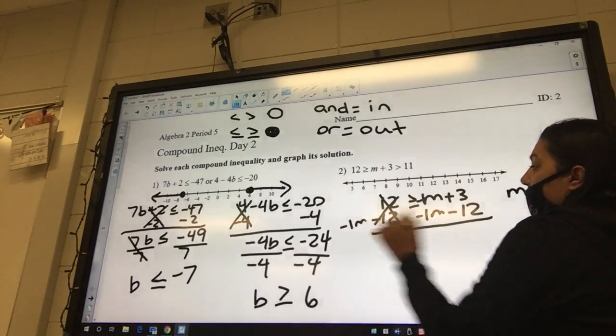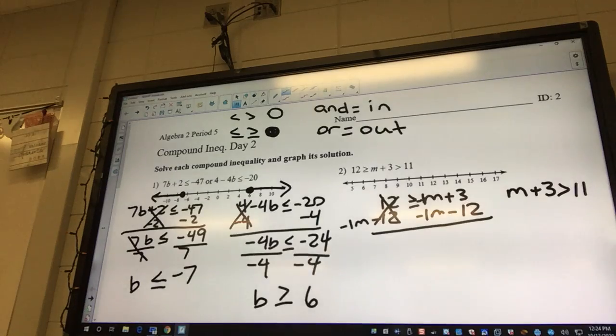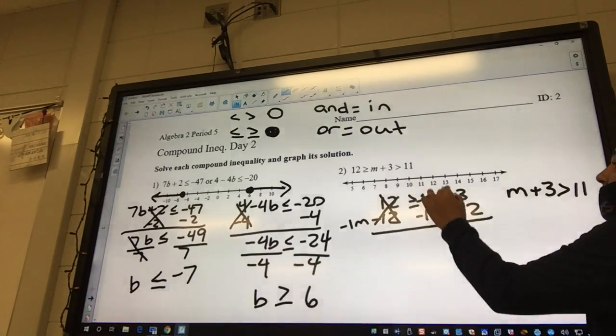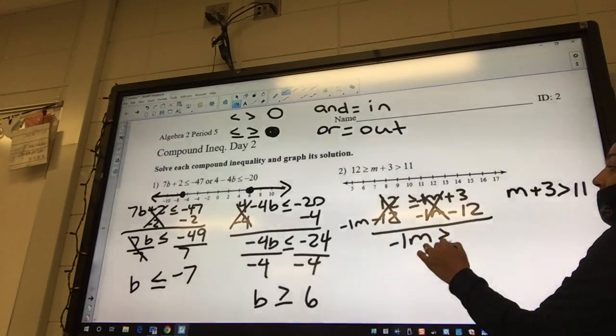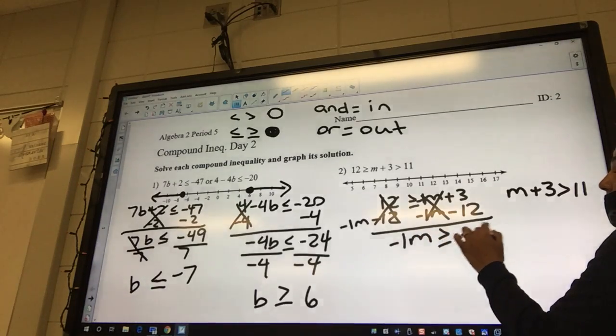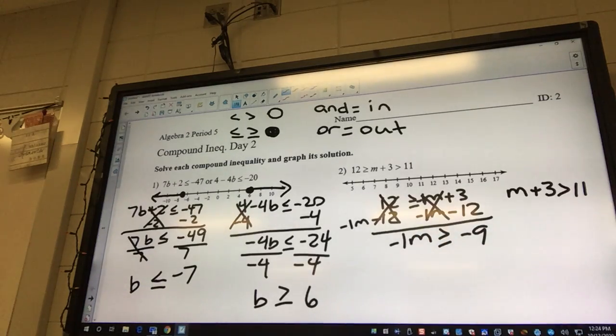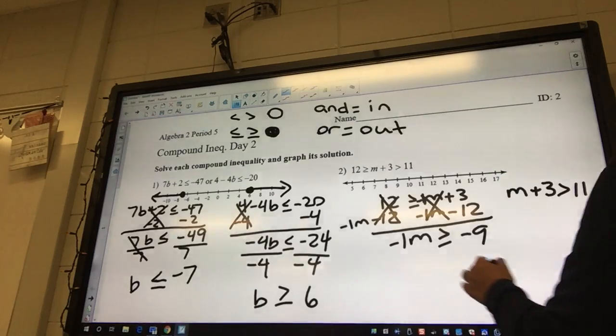It's got to go on this side. So then these m's cancel. Now I got negative 1m, and then negative 9. What's my last step? Divide, and you switch the sign.